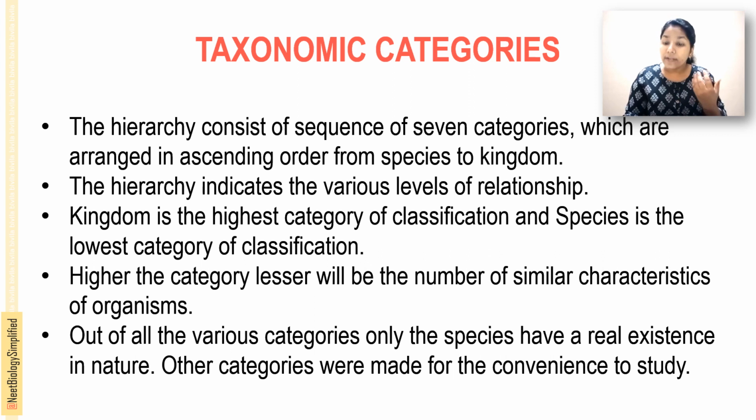There are 7 categories in this taxonomic hierarchy, and they are arranged in ascending order from species to kingdom.